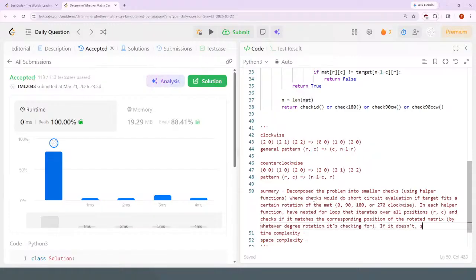If it doesn't, short circuit, return false. Return true if you finish after the nested for loop.